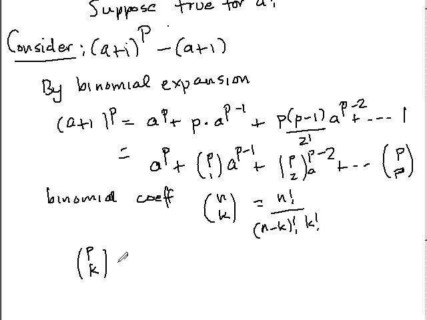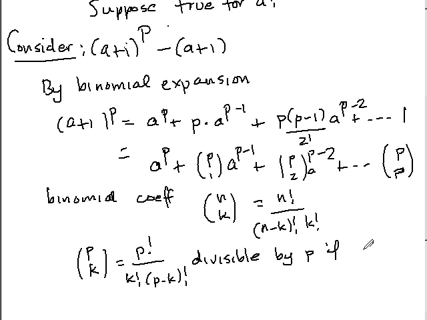So (p choose k), which is p factorial over k factorial times (p minus k) factorial, is divisible by p if k is not equal to 0 or p. Okay, because it contains p as a divisor.